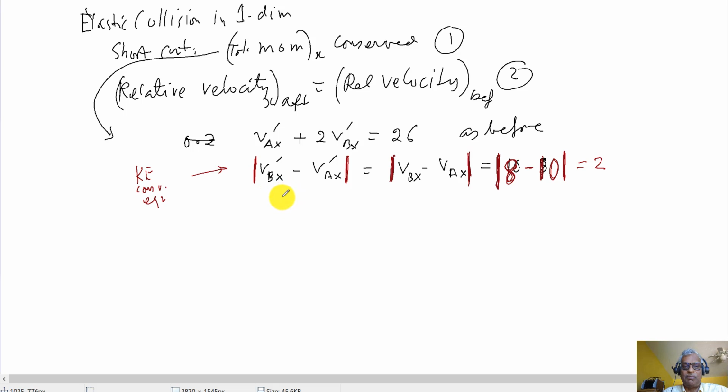It leads to 2 here, so you can see this has 2 possibilities: VBX prime minus VAX prime equals plus 2, so this is equation 2, and VBX prime minus VAX prime equals minus 2, so this is like a 3.